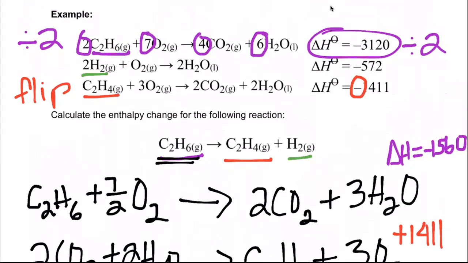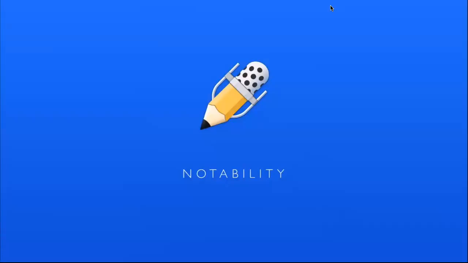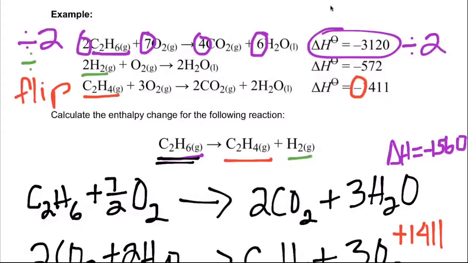But the other problem is it's also on the reactant side, and I want it on the product side. So on the second one, we're going to have to divide by 2 and flip it. Sorry, I clicked on the wrong thing. So I'm going to divide by 2 and flip this one.